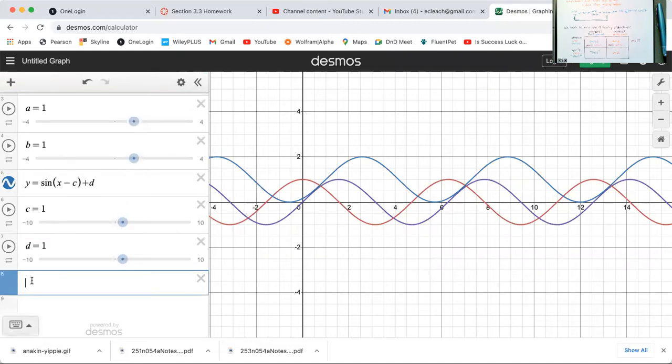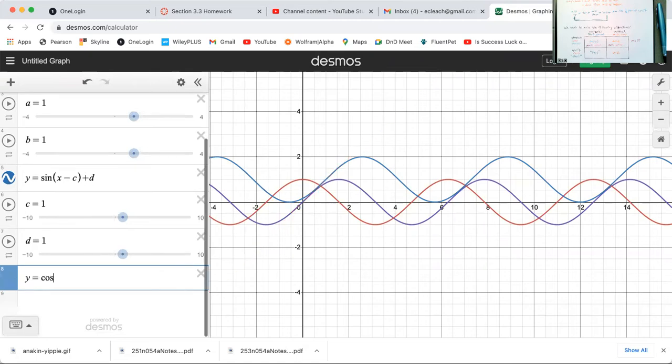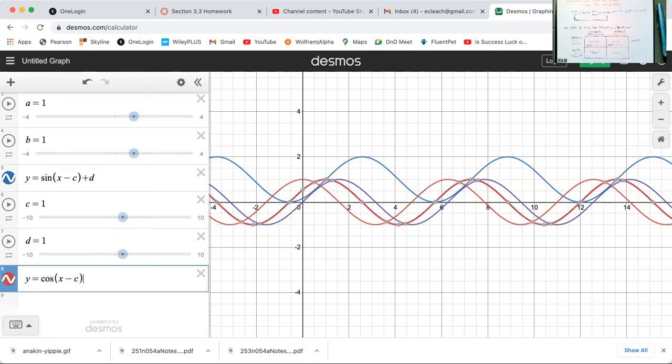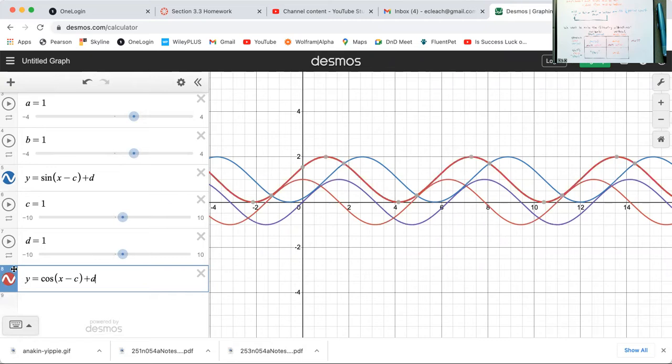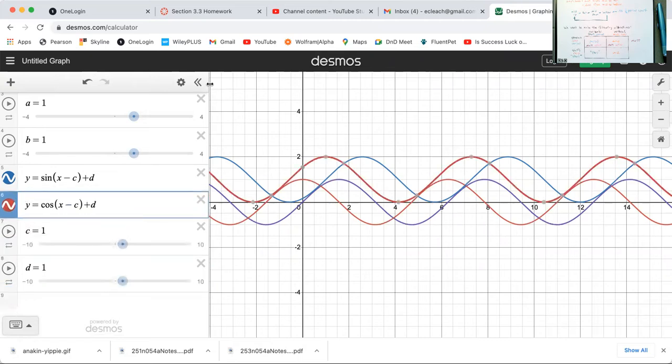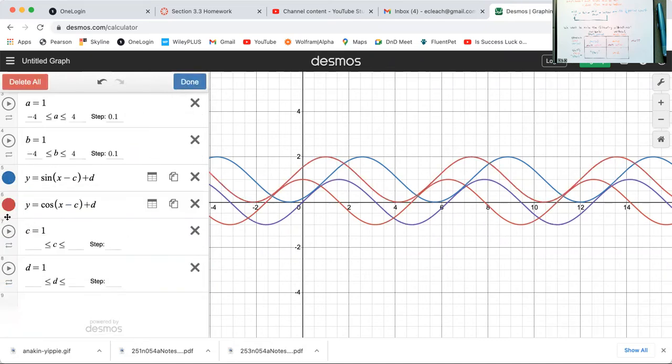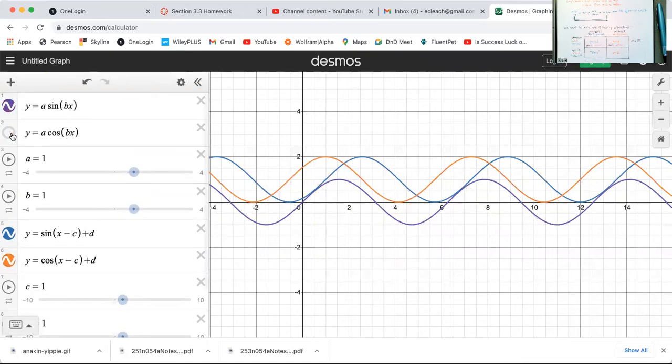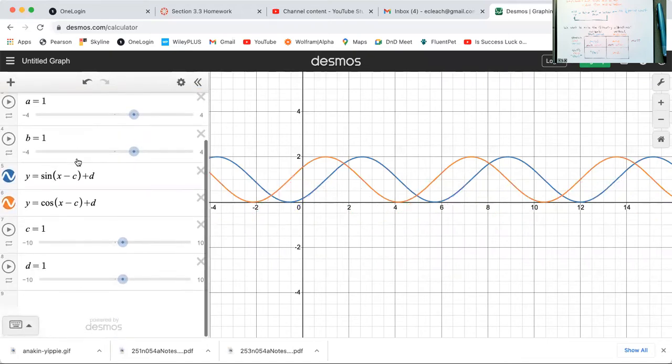And then I'll set up another function. I forgot to do these clearly beforehand. The cosine of the same thing, x minus C plus D. Keep this up here. Turn off my A and B's. I got sliders for C and D now.